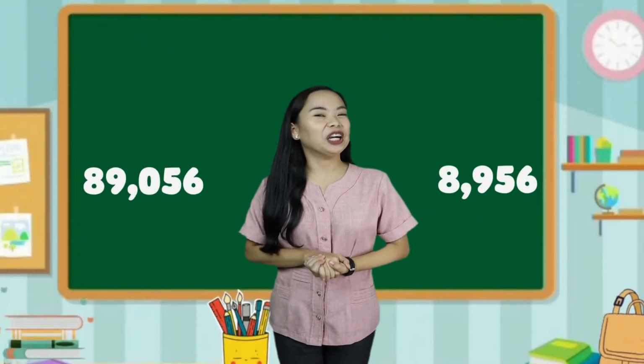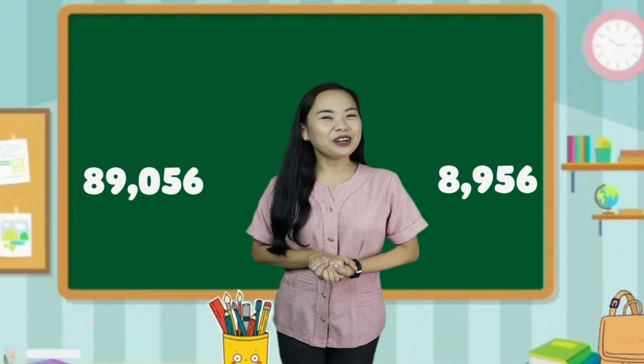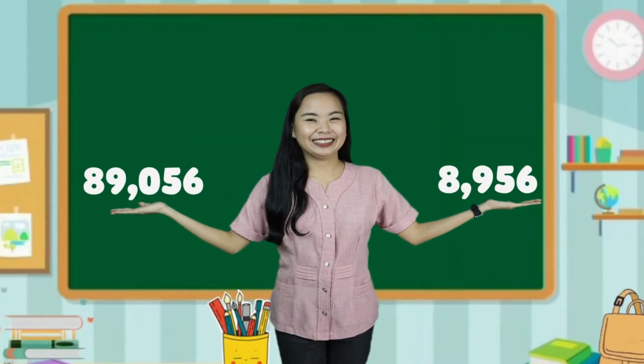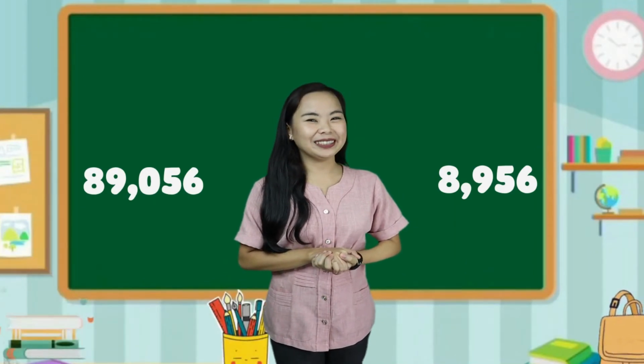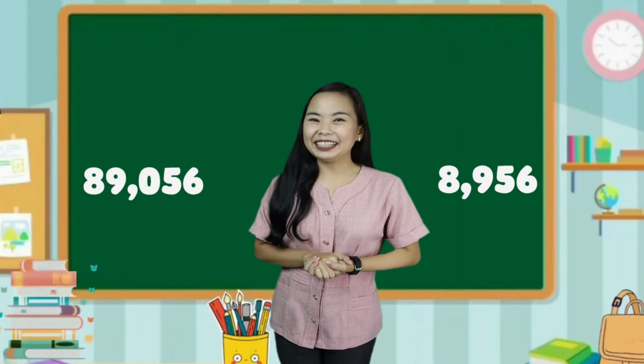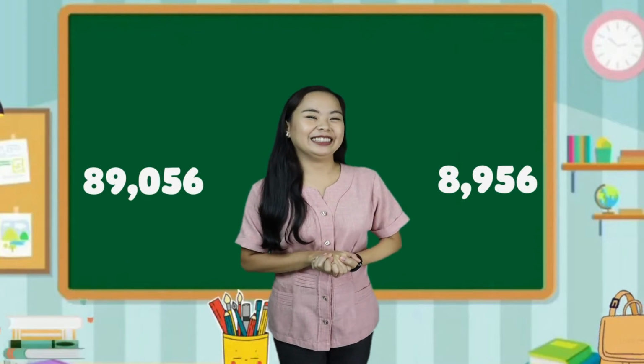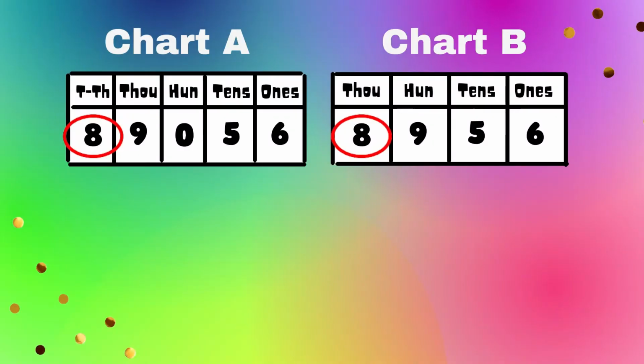These numbers are different. Let us try to compare. Which do you think is the bigger number? Let's see if you got it right. In comparing numbers, we start to compare from the highest place value of each digit or starting from the left.